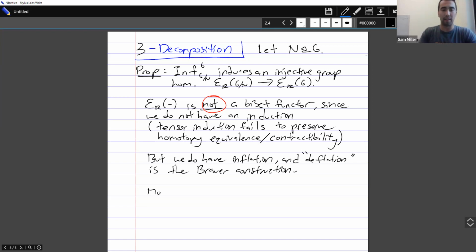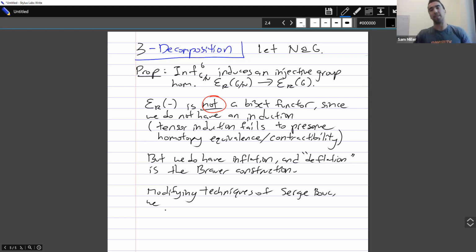And so modifying techniques of Serge Bouc, which he used in his study of biset functors, which were quite crucial, I believe, for various parts of classifying endotrivial modules, but more generally the Dade group, we obtain the following definition.